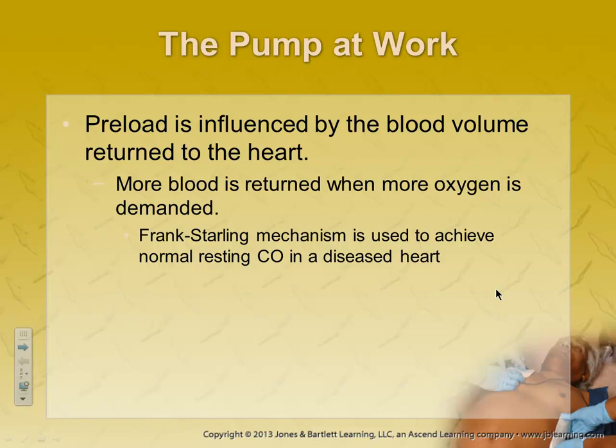So the body will vasoconstrict, all by the autonomic nervous system. It's going to vasoconstrict, which is going to force the pressure of the blood back to the heart. And so again, old Frank shows up, and we're going to stretch, and we're going to get more out by adding more fluid to the heart.